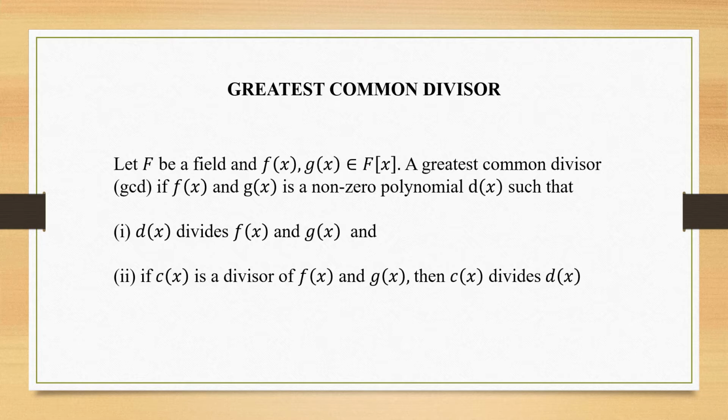Is that clear? So originally we have two polynomials f of x and g of x. d of x divides f of x as well as g of x. And we can also find another polynomial c of x, which is a divisor of f of x and g of x. Henceforth, we can say that c of x divides d of x. This is what the greatest common divisor is.